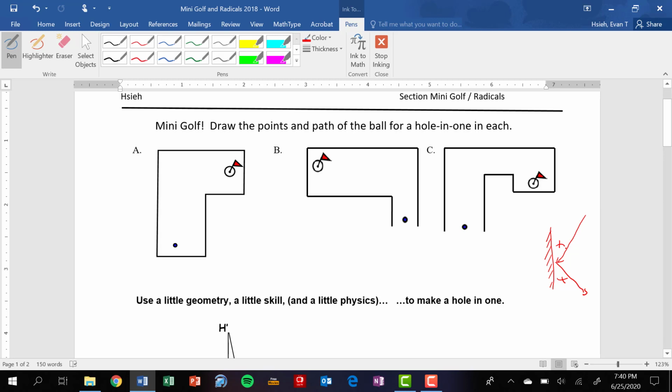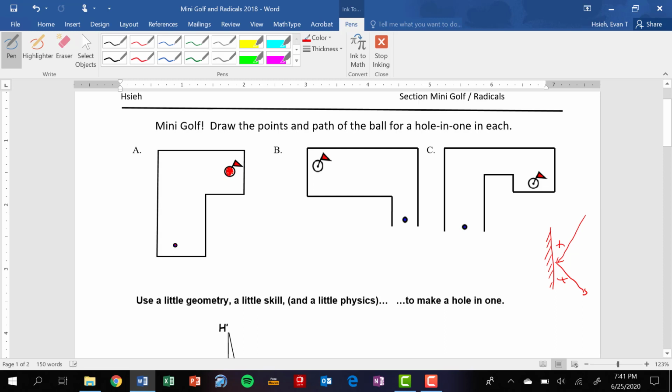Okay, so the way we approach these problems is, if this is the hole that we're trying to get it into, and this is the ball, we want to work backwards, reflect the hole over the walls we want to bounce the ball off of.